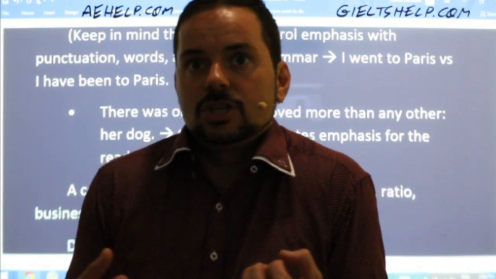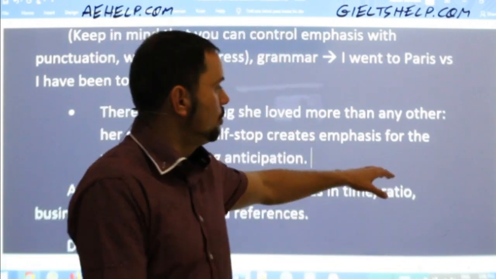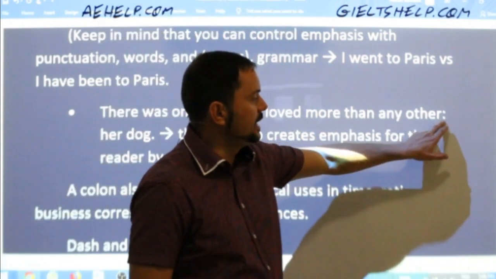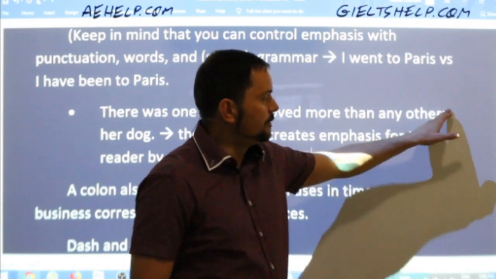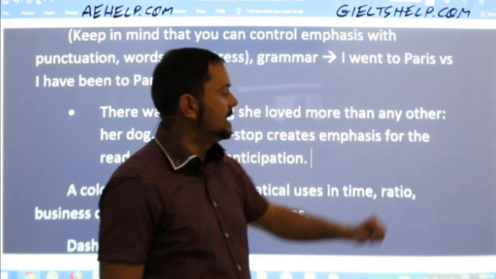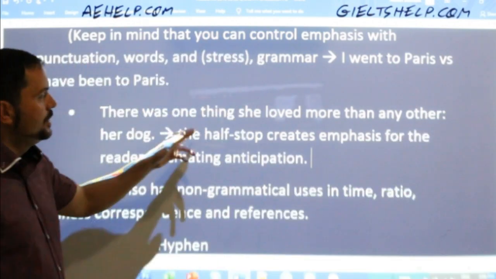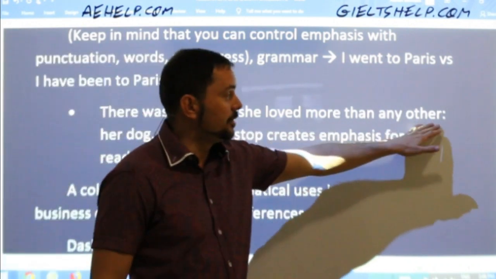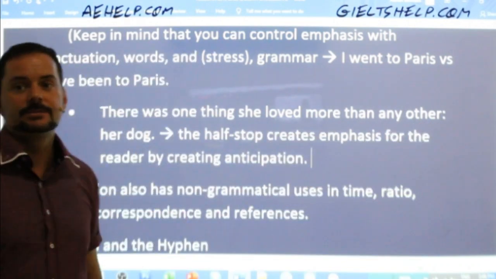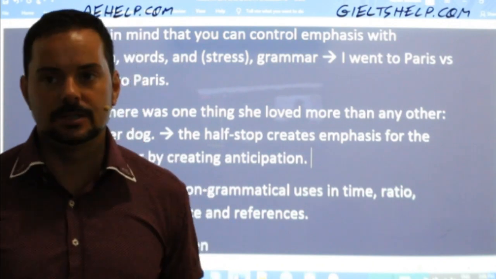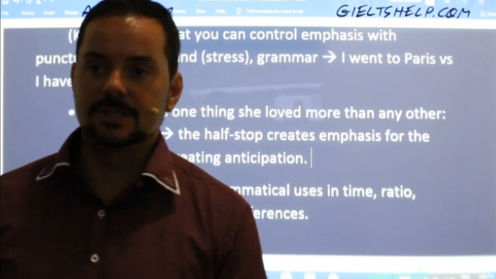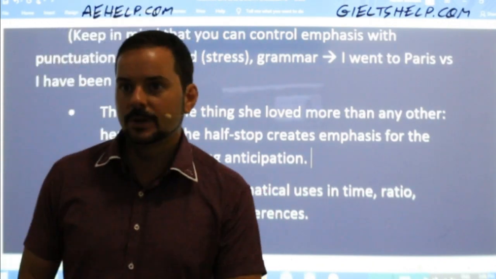What is it that she loves? So that question of what is it that she loves more than any other is born from this half second, half stop, right? There was one thing she loved more than any other: her dog. All right? It's that anticipation that creates the emphasis. Is that clear? Hopefully. Okay.